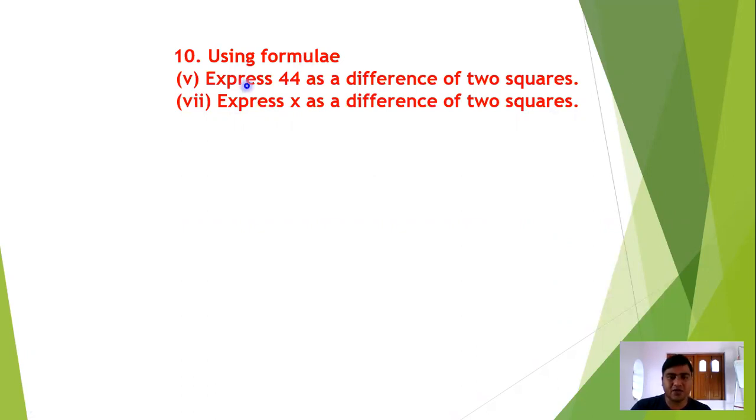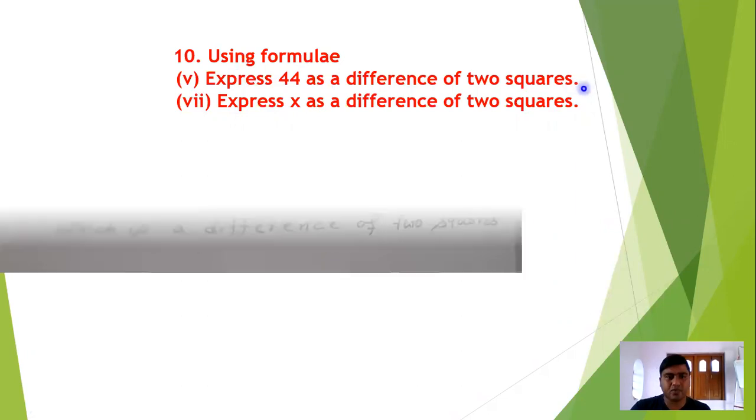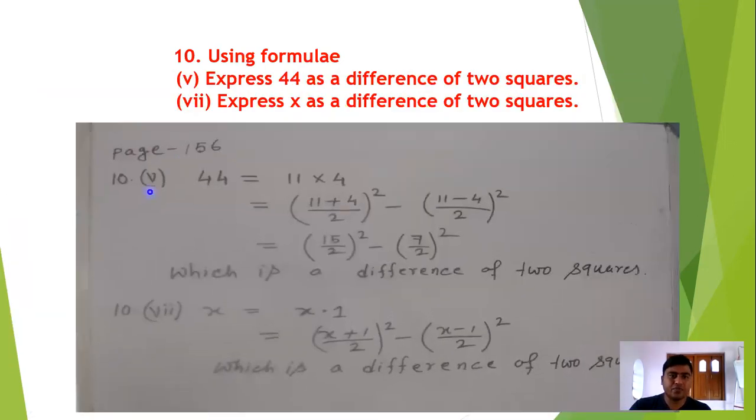First we do the first problem, express 44 as a difference of 2 squares. We write 44 equals 11 into 4. Now we apply the formula of AB, where A is 11 and B is 4.